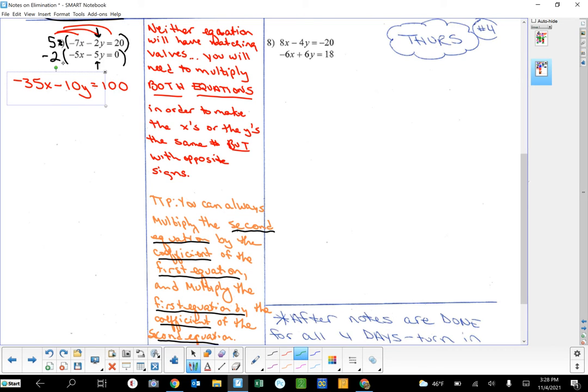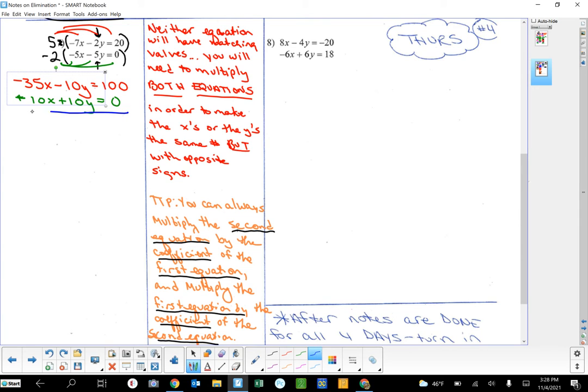I'll do the other one in green. We'll have Christmas colors. And this is going to be minus 10x plus 10y. This is a positive 10. Did anybody catch that when I did it? Is equal to negative 2 times 0 is 0, so don't fall for that.